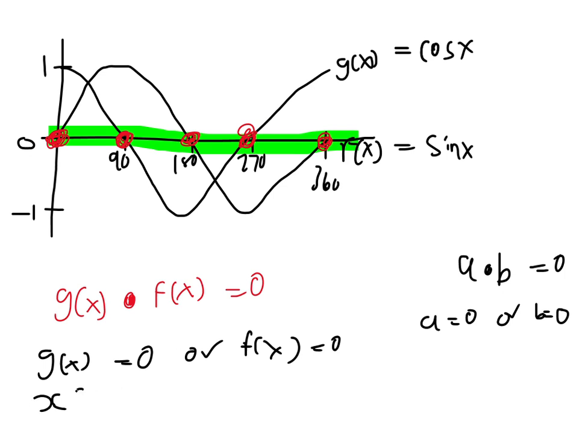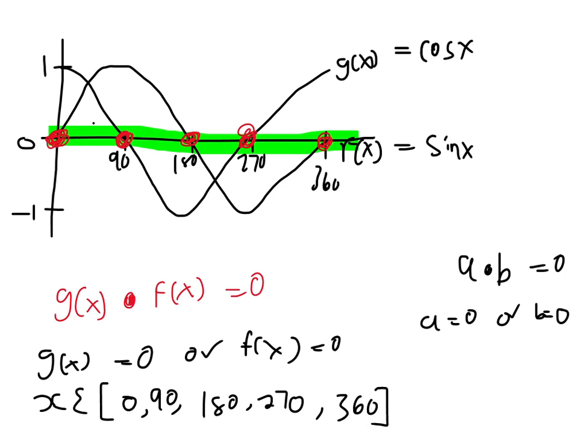So we can see that x is an element of, then we can insert all these numbers. It's 0, 90, 180, 270, and 360. So as long as the value of x is 90, 180, 270, 360, you will always have the product of f and g being equal to 0.